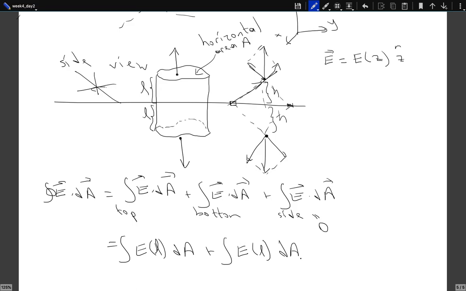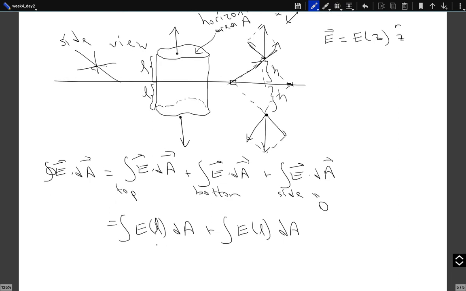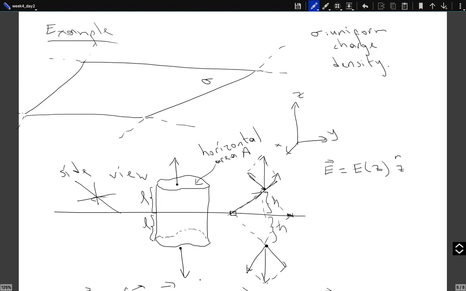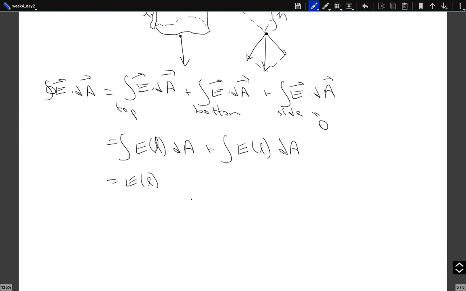So the angle between them is 0, and cosine 0 is 1. E(L) is just a constant, so I can take it out. What remains is the integral of dA. The cross-sectional area we had chosen to be A. The shape is not important. The total area is A. So I have E(L) times A from here plus E(L) times A from the second integral.